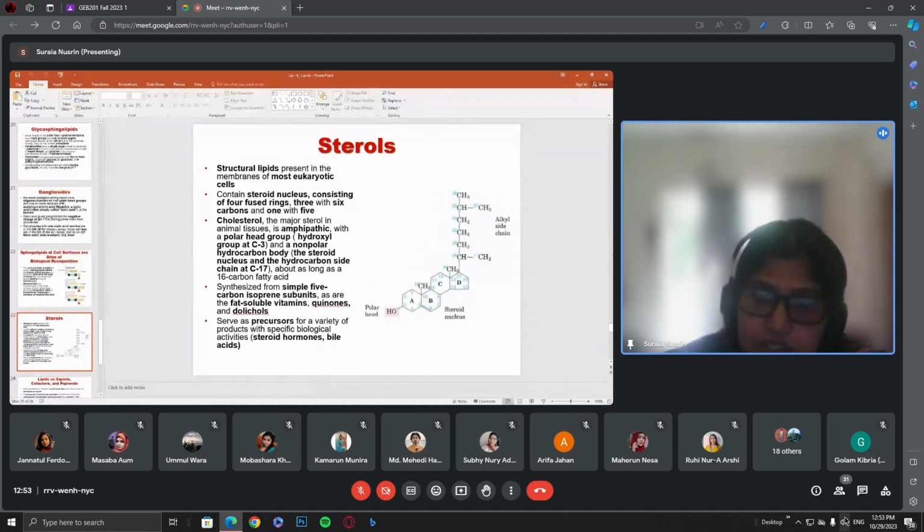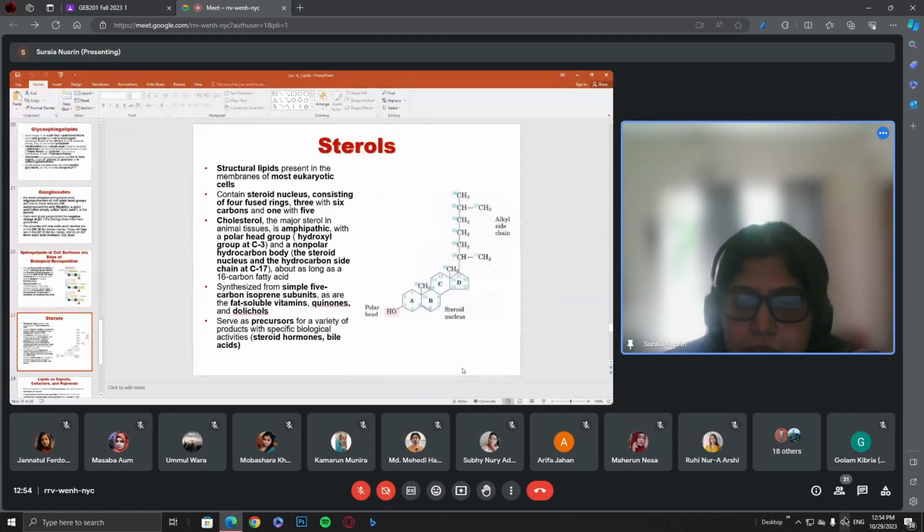If you look at the structure, 1, 2, 3, 4, designated by A, B, C, D. Among the 4, 3 have 6 membered rings and 1 has a 5 membered ring. A, B, C, these 3 have 6 membered rings, and D has a 5 membered ring.